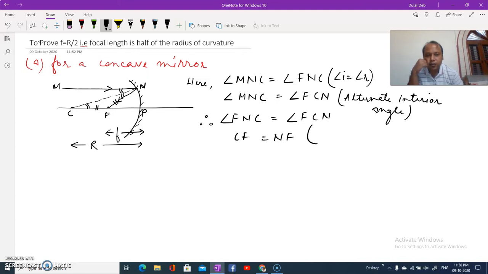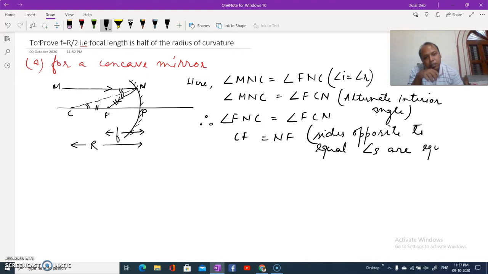The reason being, sides opposite to equal angles are equal. So therefore we have written this.